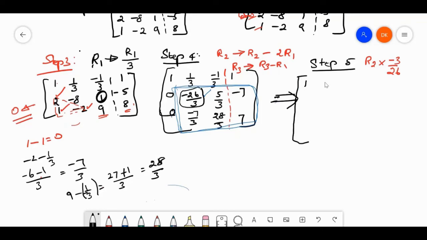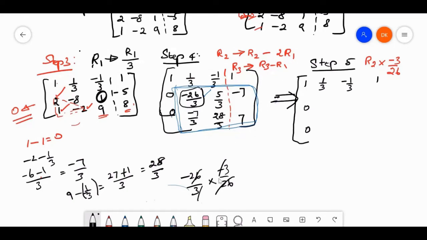So 1, I'm not going to disturb the first row, first column, minus 1 by 3, okay, 1. So here 0, this is also 0. Okay, so then when I am going to multiply by this minus already minus 26 divided by 3 there, I am going to multiply with minus 3 divided by 26.